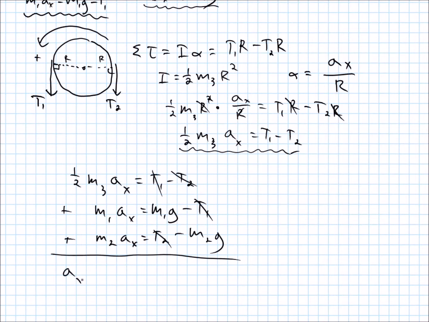I'm going to pull the ax out as I add, and I get (1/2 m3 plus m2 plus m1) ax is equal to m1g minus m2g. Alright, so I just added up everything on either side of the equal sign, and I went ahead and pulled ax out of all 3 m terms here.